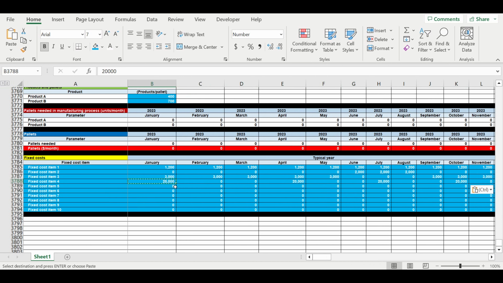Some fixed costs will occur once a year, for example in February. Some fixed costs will occur once every half a year, for example one in January and one in July. And some of them can be really stable, like this.